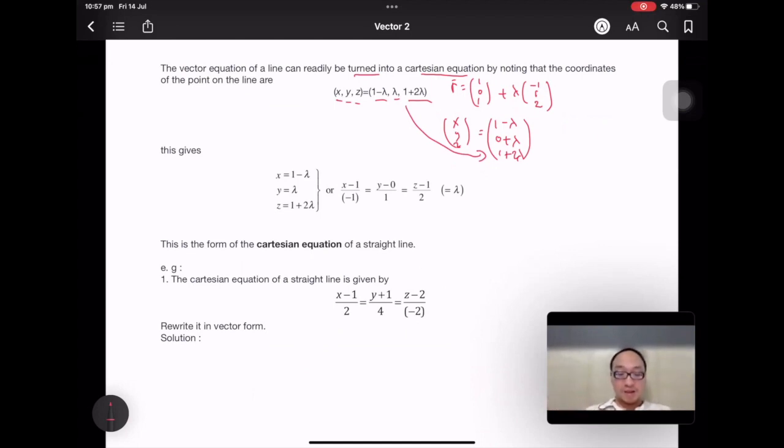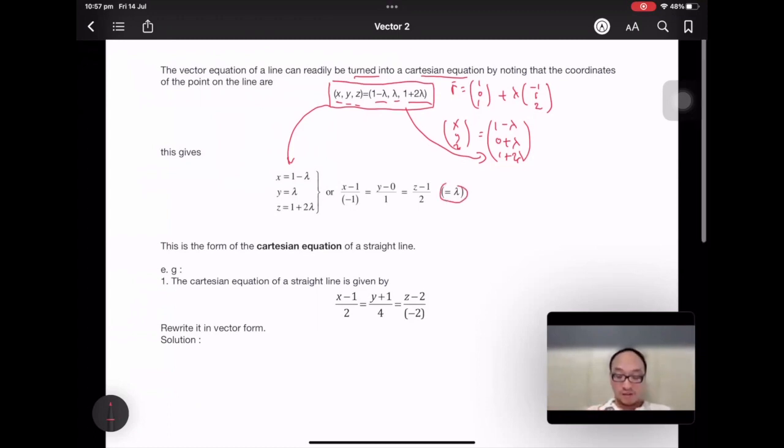Now, this form is called the Cartesian equation. So we can express them in the form of lambda. From here, we have lambda equals 1 minus x, and lambda equals y, and lambda equals z minus 1 over 2.